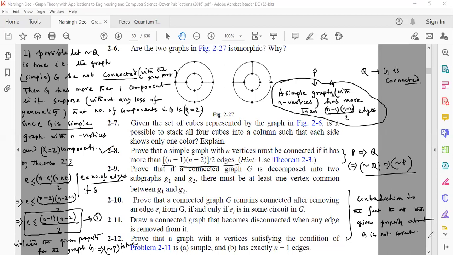This contradiction appears because we wrongly assumed that the graph is not connected. And therefore, this implies capital G is connected.